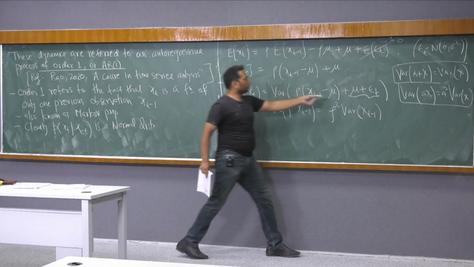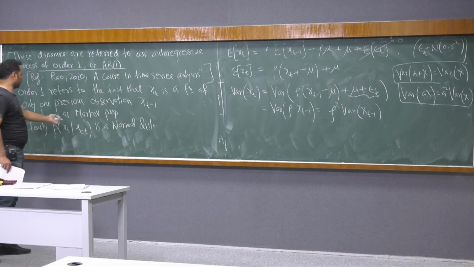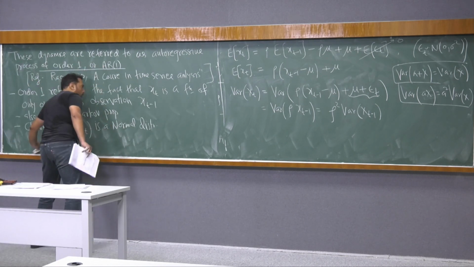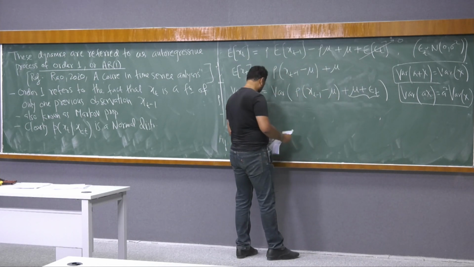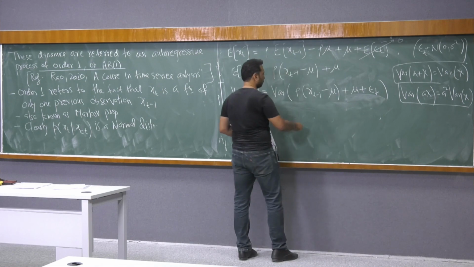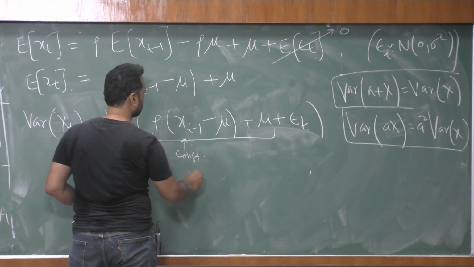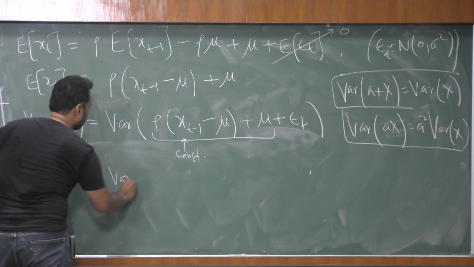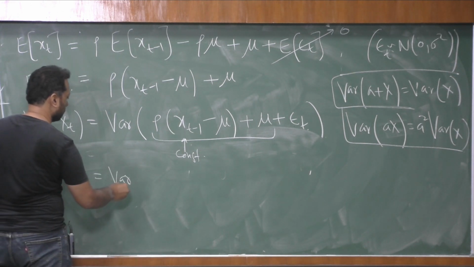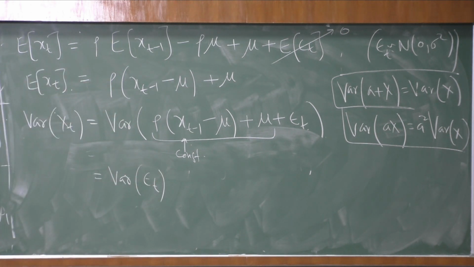What is not constant, what is a random variable, is epsilon t, but everything else is constant because xt minus 1 is given. So the variance of these constant terms will be 0, and xt minus 1 is no longer a random variable. What remains is epsilon t, which we know is sampled from a normal with mean 0 and variance sigma squared. So the variance of epsilon t is sigma squared.